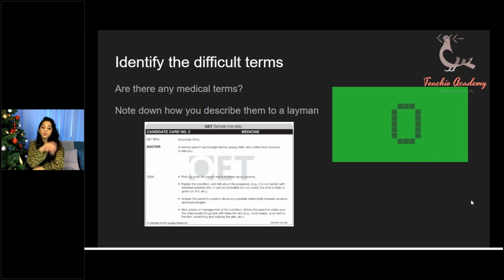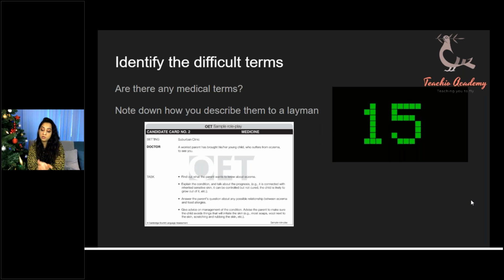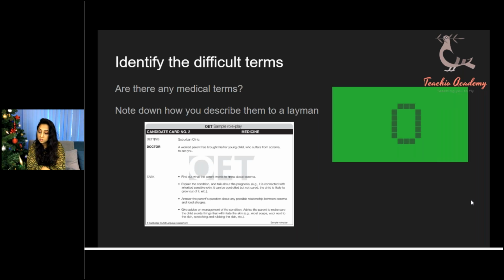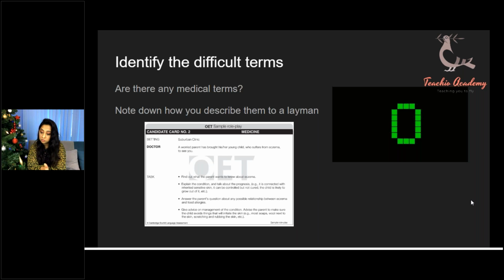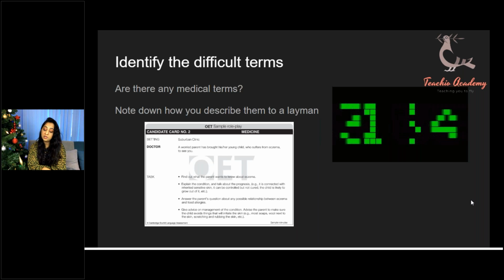Before we pay attention to the grammar, Kinza, this child has been diagnosed with eczema. So read the task again. It says that a worried patient has brought his or her young child who suffers from eczema. So it's not your diagnosis. You haven't made the diagnosis. They've already been diagnosed with eczema.